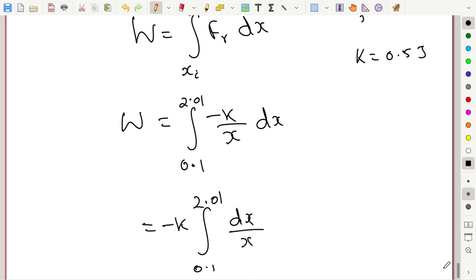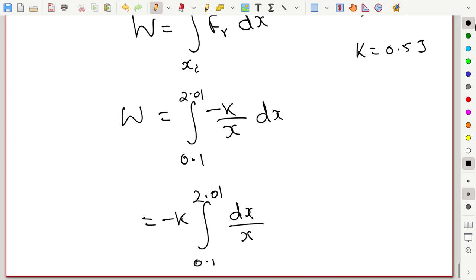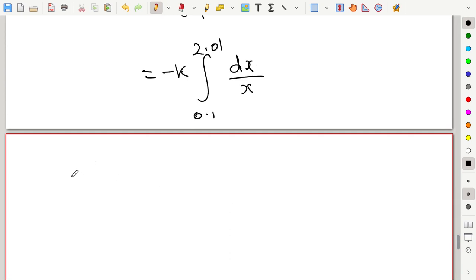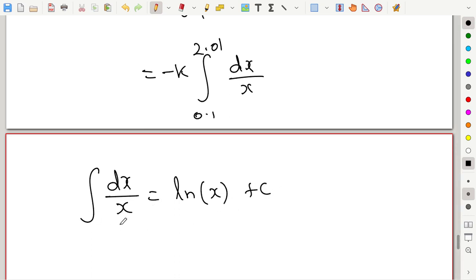Okay, so in integration we have a formula for this: the integral of dx by x equals the natural logarithm ln x plus c. If it is a definite integral, then we have to integrate within the limits. So if we have xi to xf, then we have to put the limits.